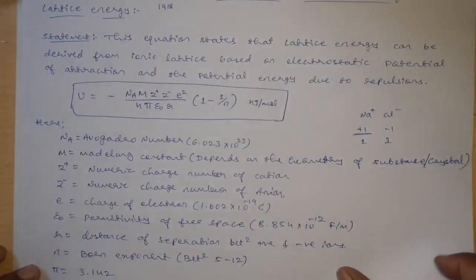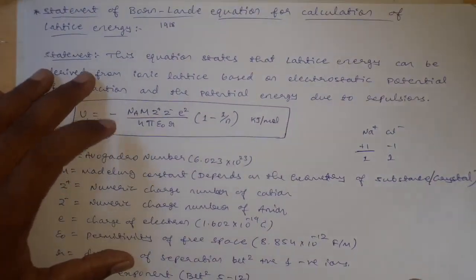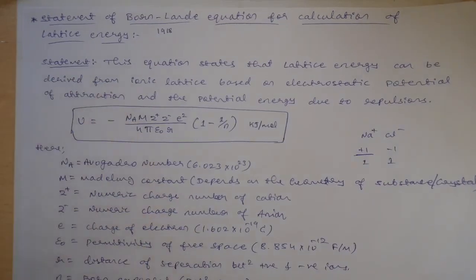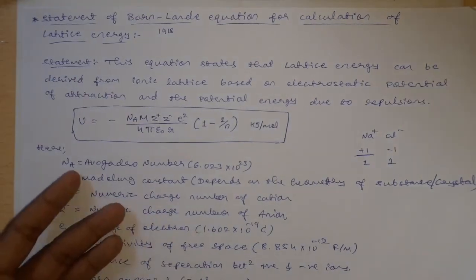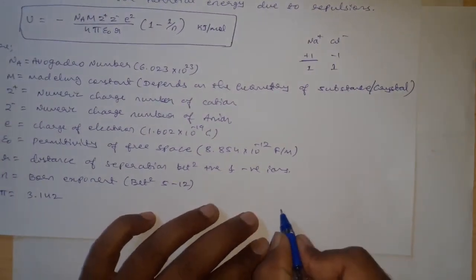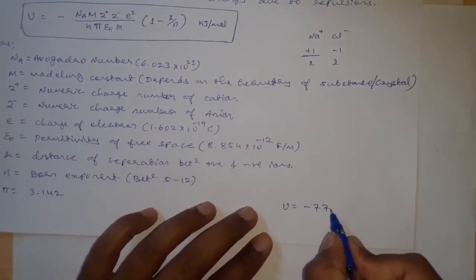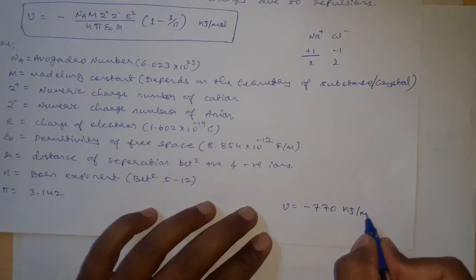Now this is only there for our syllabus, and now we can calculate the lattice energy of the NaCl crystal by using this formula. We discussed in the last class that the experimentally determined lattice energy of the NaCl crystal is minus 770 kilojoule per mole.